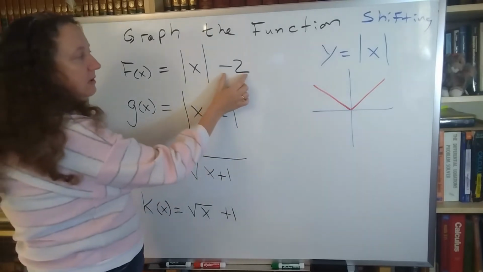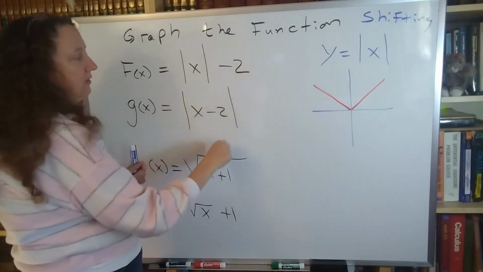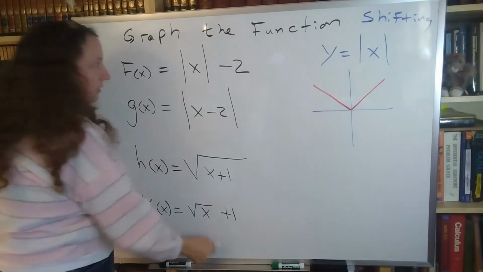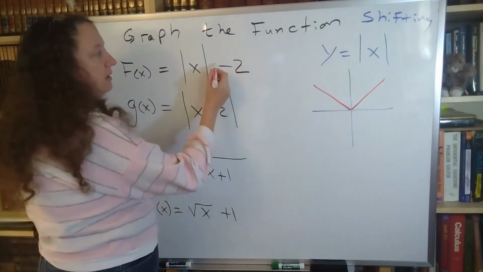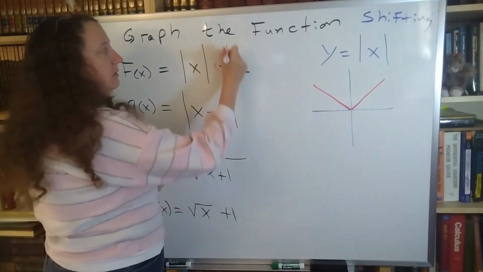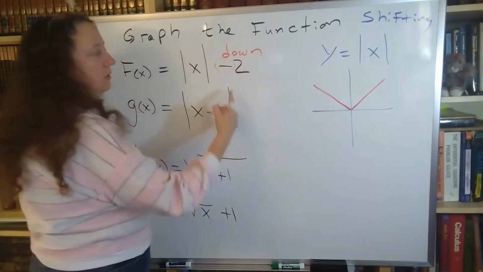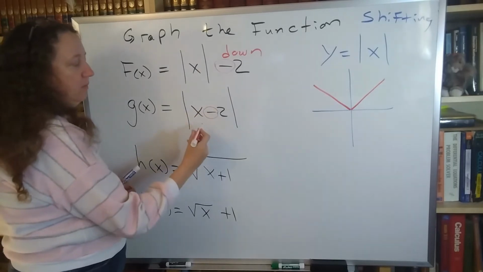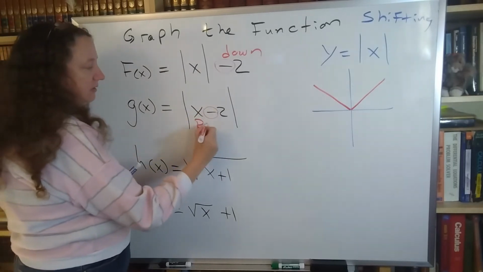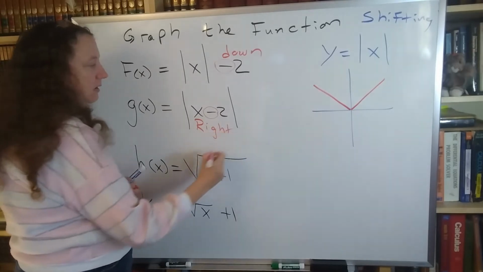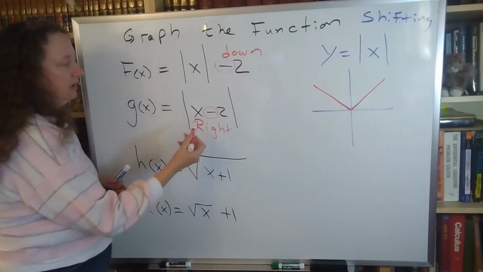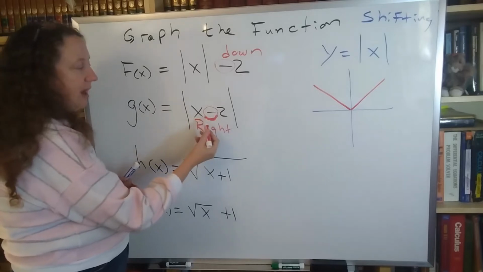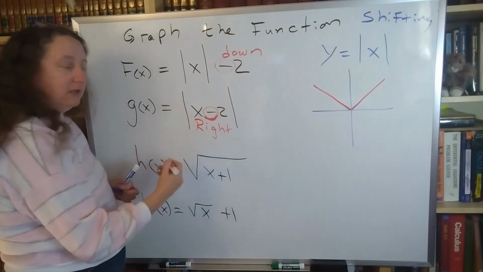If the number is outside of the parentheses, then that will move your graph up and down. So I see that this one is going to move my graph down 2 places. And this one will move my graph right 2 places. It is right because we go the opposite direction of the sign.